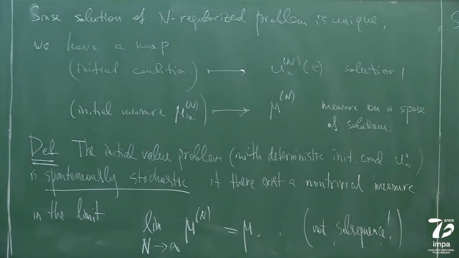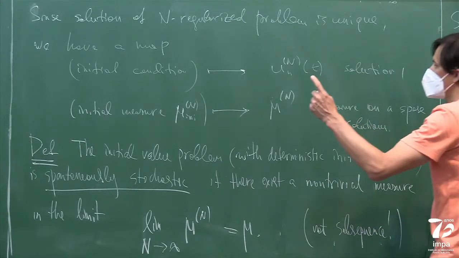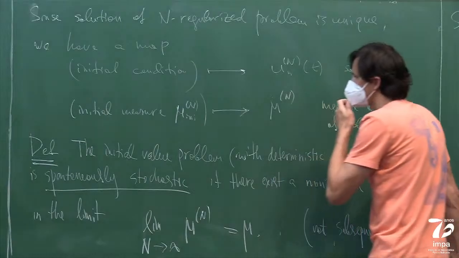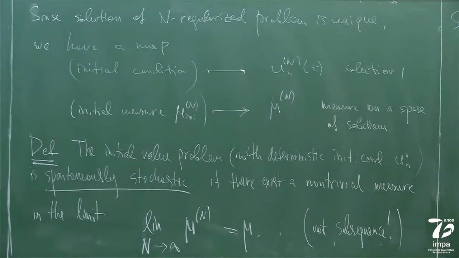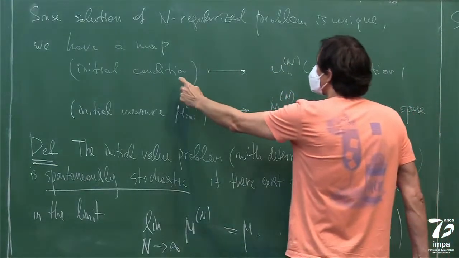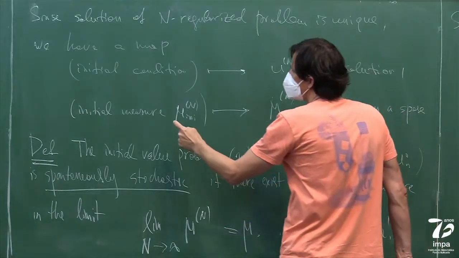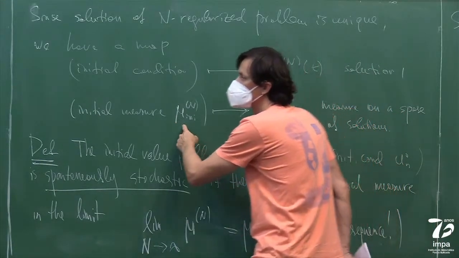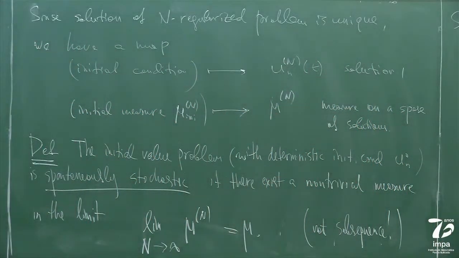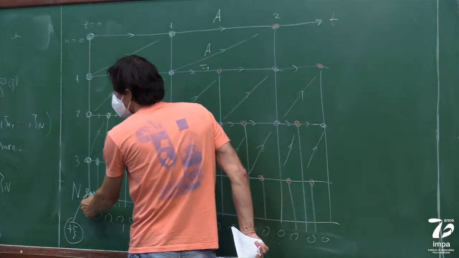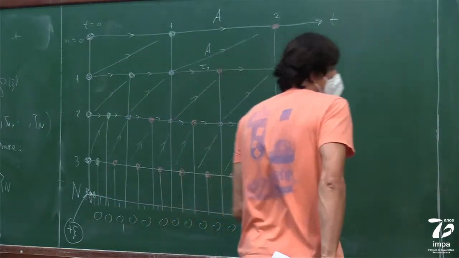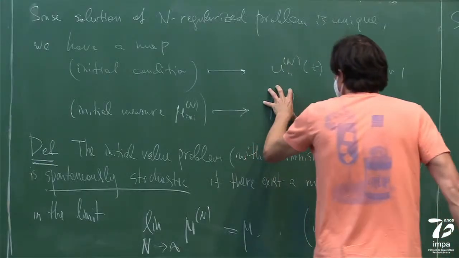So what does this construction give? We have an initial condition. For each initial condition, it gives us the solution. For initial condition given by this measure, which is just our initial conditions but with small uncertainty, it gives us the measure of the solutions.